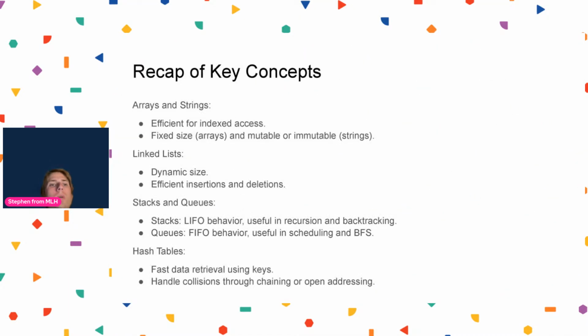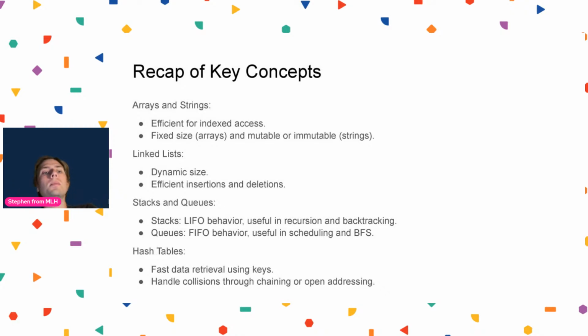But yeah, so just to recap some of these concepts, we had some arrays and strings where we first started out, and those were great because we learned about how to index data and get some really efficient stuff there. We learned about fixed size arrays, and we learned about immutable strings and the concept of mutability.